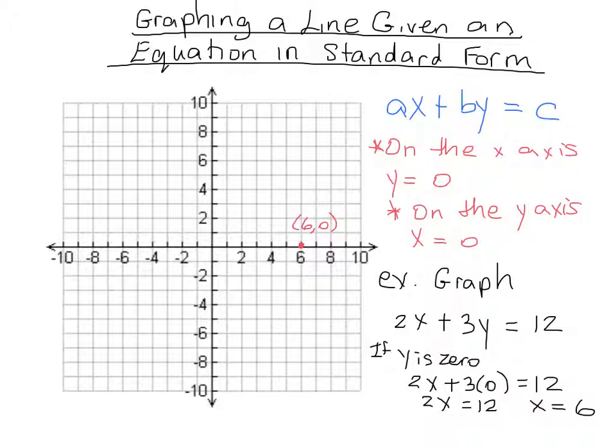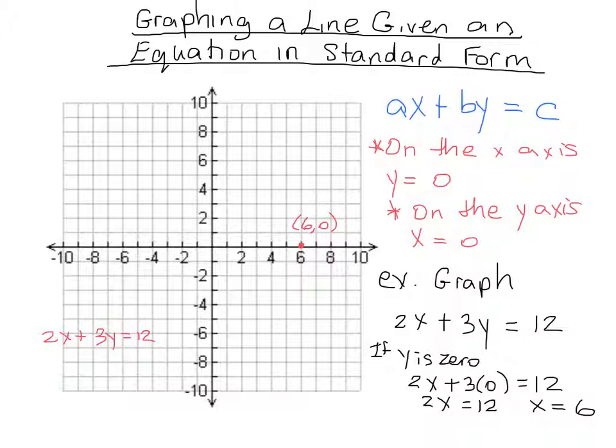We can do something very similar to figure out the y-intercept. So now, instead of making y 0, we're going to make x equal to 0. Let's work with a different color so we can see. In the corner, our original function was 2x plus 3y is equal to 12.